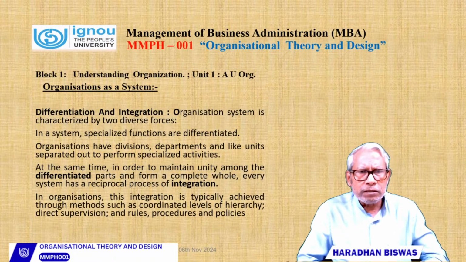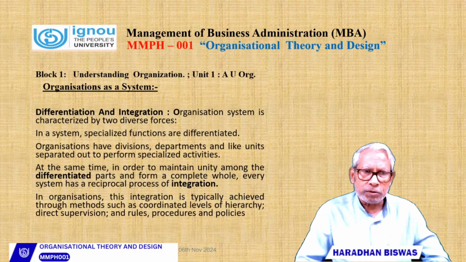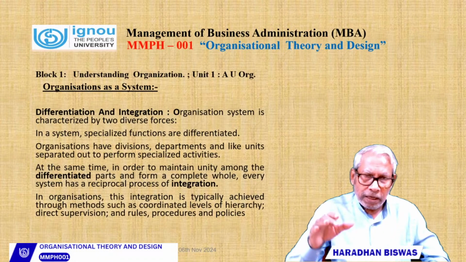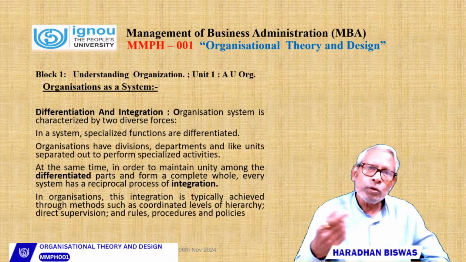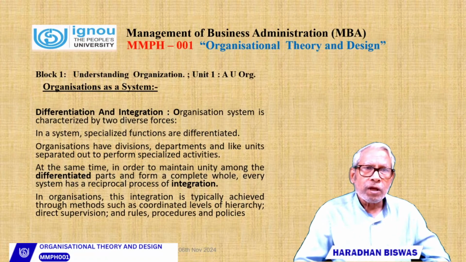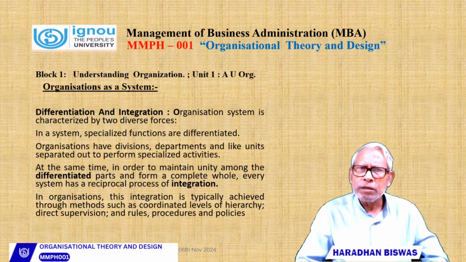So in an organization, this integration is typically achieved through methods such as coordinated levels of hierarchy, direct supervision, rules, procedures, and policies. Through this way, it is integrated. There are hierarchy levels, who is reporting to whom. So this is the way it is integrated. And some policies, rules, and procedures are already formulated by the organizations.